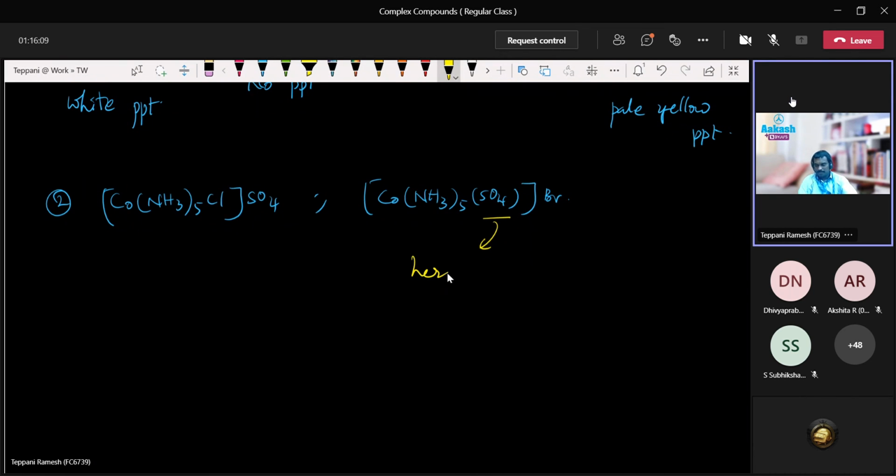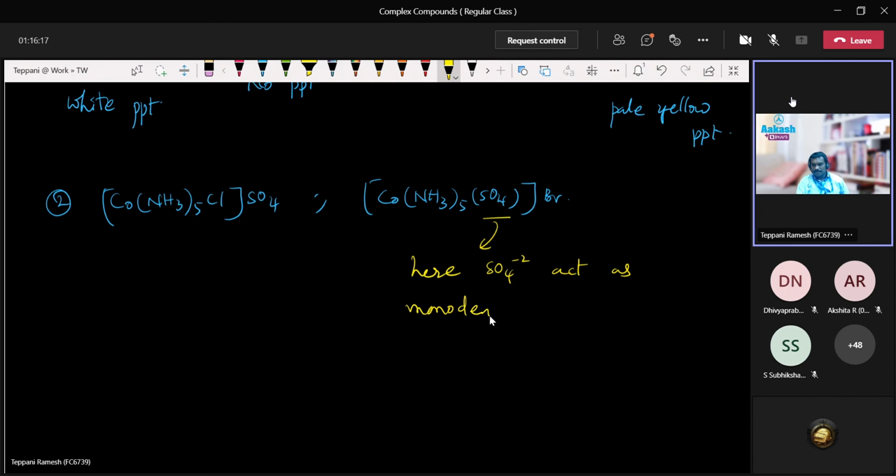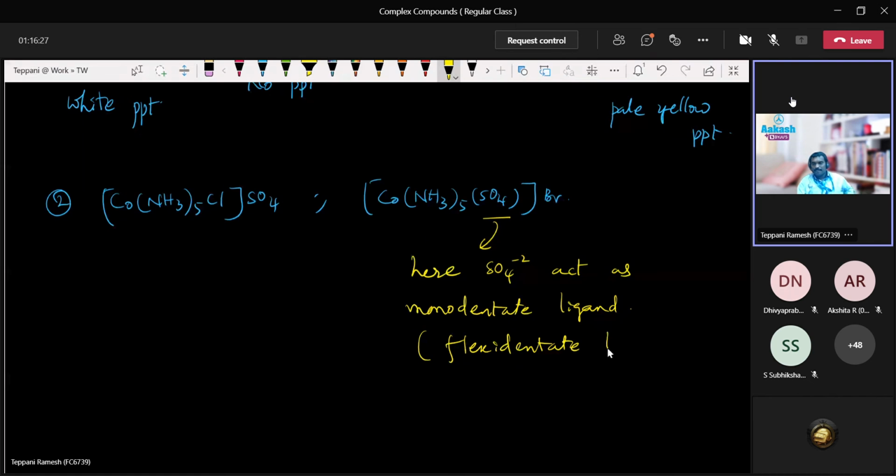Here SO4 2 minus acts as a monodentate ligand. Actually it is a bidentate ligand, so this is called a flexidentate ligand. Got it?